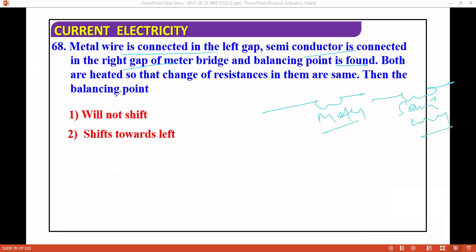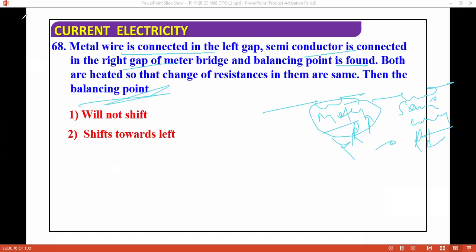Both are heated, so the change of resistance in them is the same. I'm telling you the concepts. If we heat metal, the resistance will increase, and for a semiconductor, the resistance will reduce. So there will be one point where both resistances will be the same.